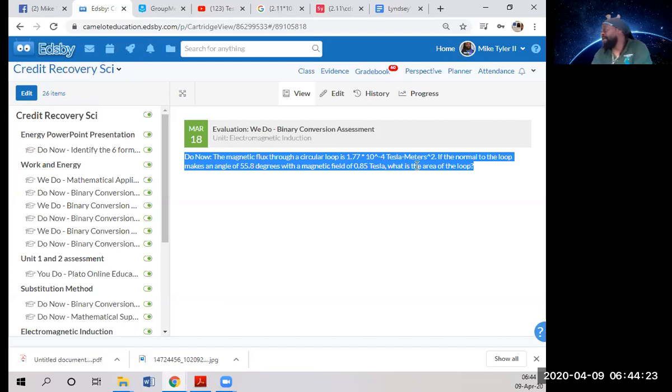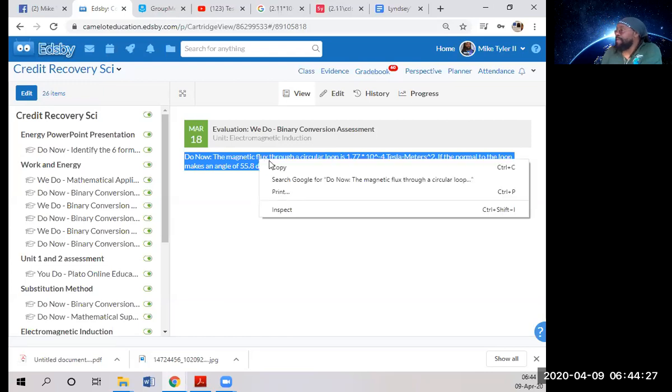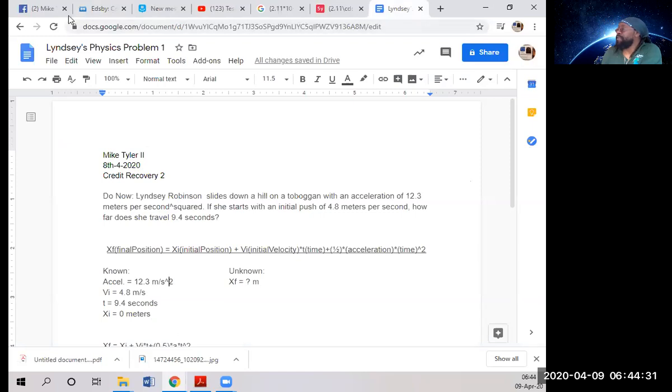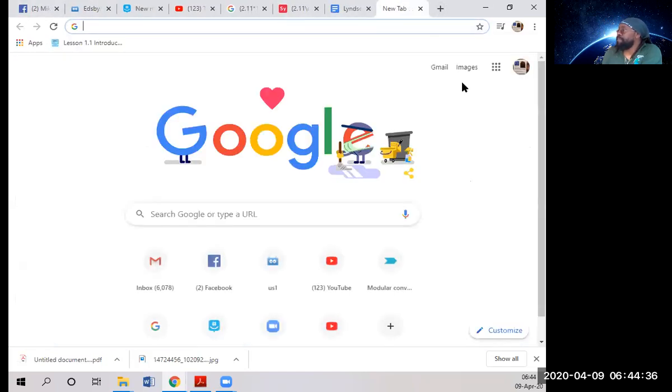So with that said, I'm going to show you the steps on here. We should copy the problem. You can go into your student portal, move on to, let's start a new Google Doc real quick. So if you're logged in with your Gmail account, you can actually get access to Google's accessories.